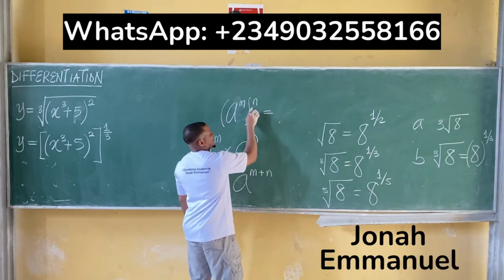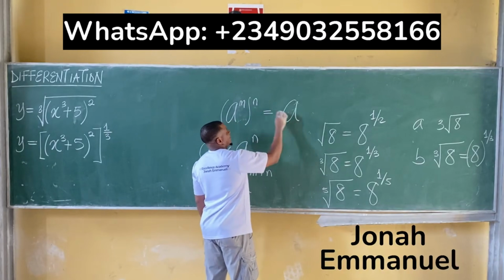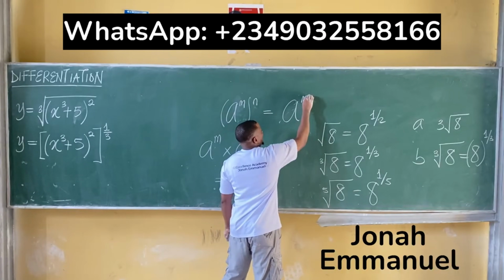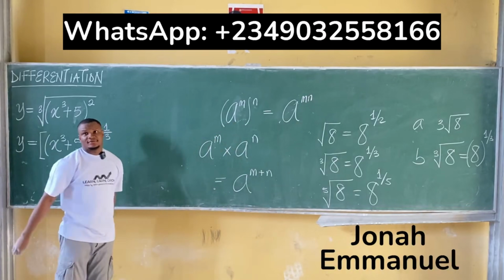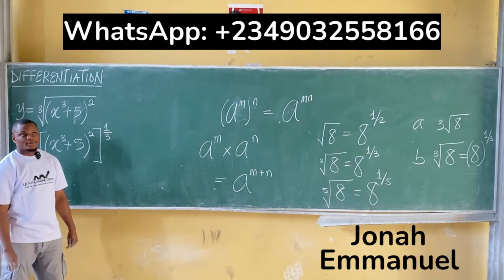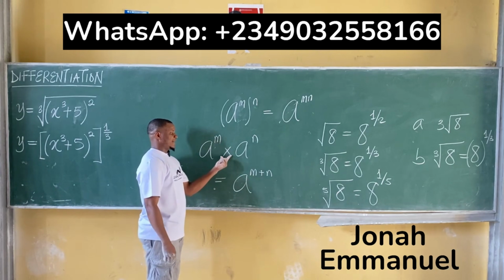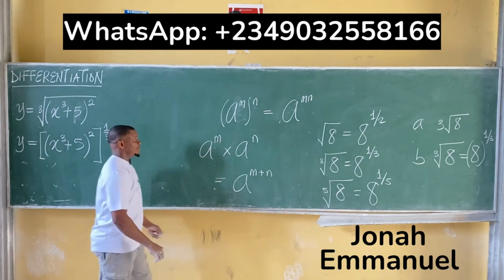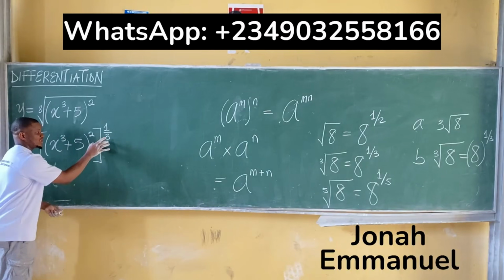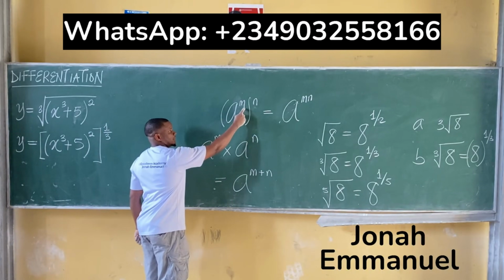In this case, when they are raised to a power, it becomes a to the power m times n. Please look at the difference. They only add if I have the same base multiplying with the power. In this case here, obviously, this one follows this pattern.